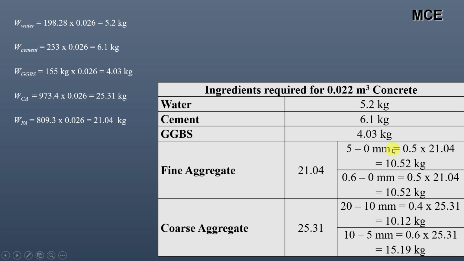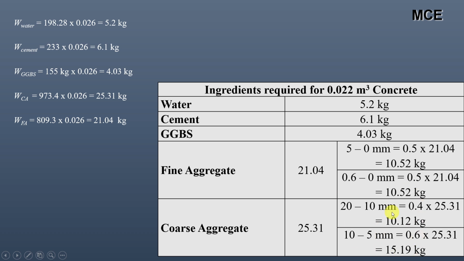For 5 to 0 mm, since this is 50%, it is 0.5 into 21.04, so it's 10.52 kg. 0.6 to 0 mm is again 50%, so 0.5 into 21.04, this is 10.52 kg. Coarse aggregate total weight is 25.31 kg. For 20 to 10 mm, we have taken 40%, so 0.4 into 25.31, which is 10.12 kg, and 10 to 5 mm we have taken 60%, so 0.6 into 25.31, which is 15.19 kg.